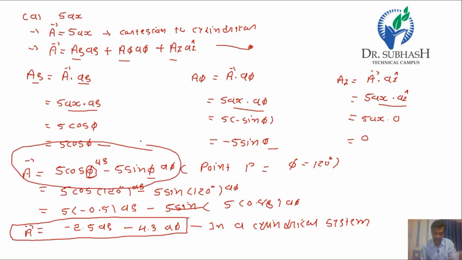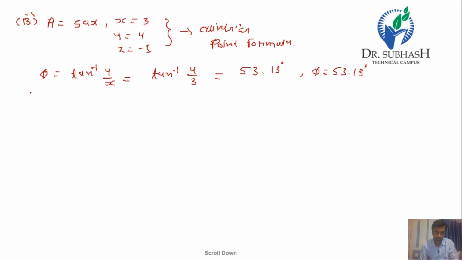Now if we put the value of φ here, then we get the answer for B also, because in B it is the same vector, ρx. So we get ρ cos φ in the ρ direction minus ρ sin φ in the φ direction.